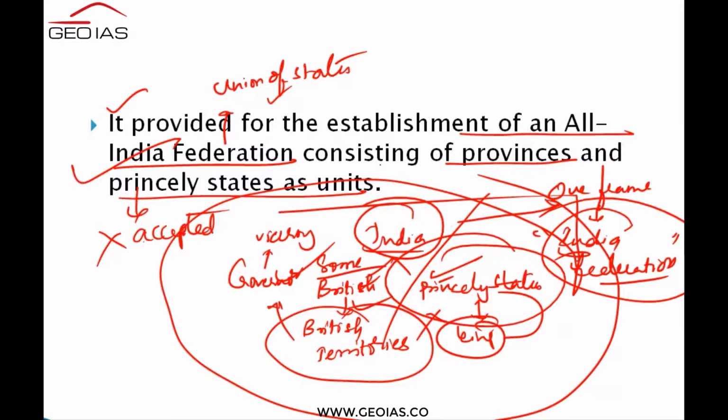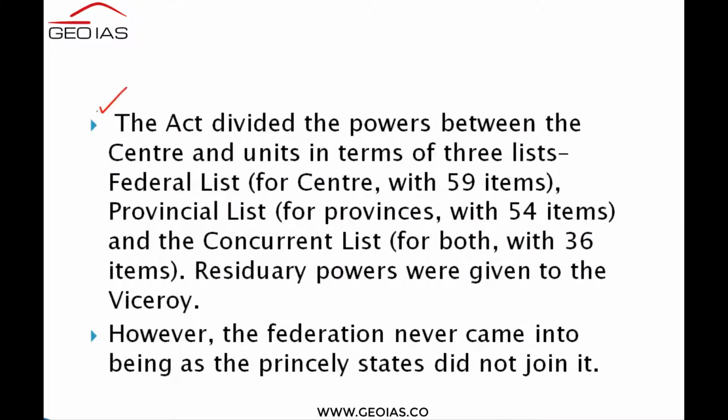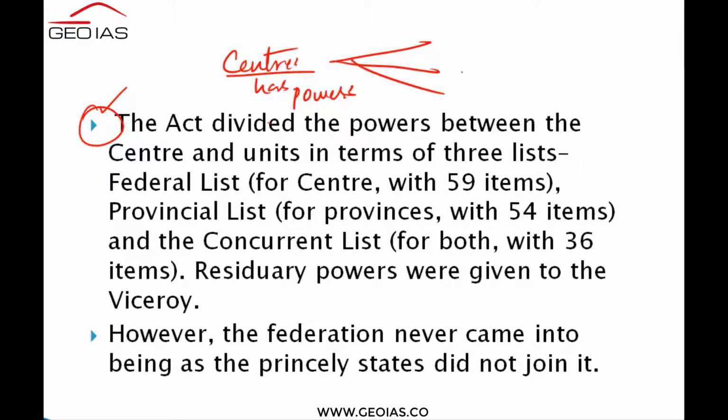The second provision of this act is that it divided the powers between the center and the provinces. Whatever powers the center had were divided into three lists. The first is the center list, on which the center can make laws.